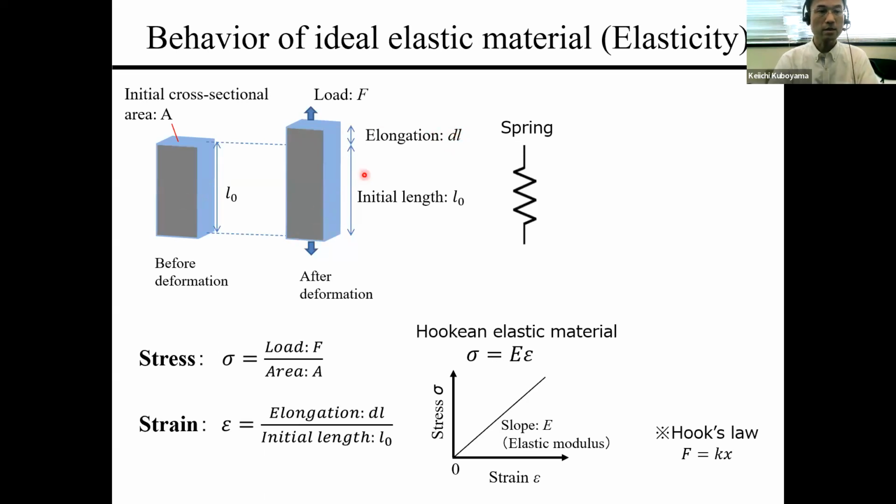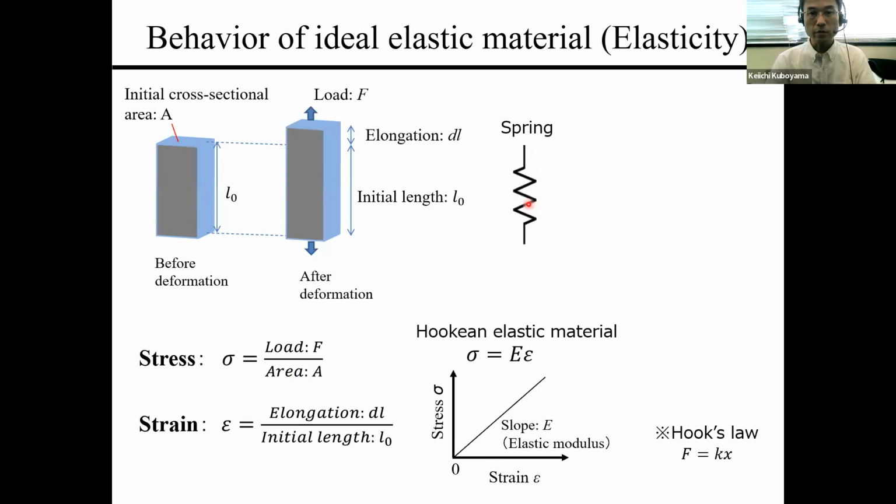In that case, you can define the stress as load over area. This means the load applied per unit area, and the strain is elongation over initial length. So this one is the ratio of the elongation.